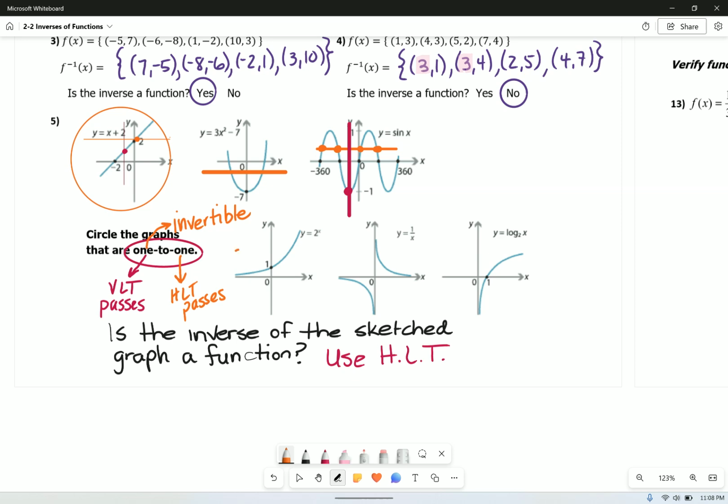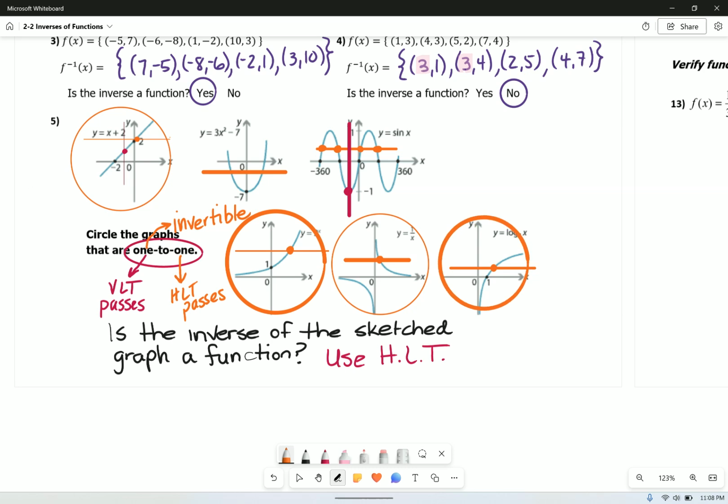Does this one work horizontally? It did. It touched one time. How about this one? It did. One time. How about this? Yes, one time. So this one, and this one, in addition to the first one that I circled, all have inverses that are functions.